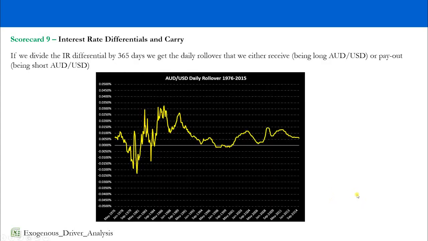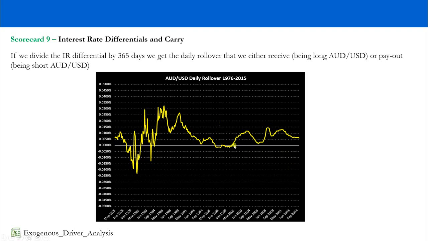So if we look at the interest rate differential divided by 365 days, as we saw in the spreadsheet, what we get is the daily rollover that we either receive or pay out, being long or short the Aussie dollar, US dollar exchange rate. And you can see here that throughout history, the majority of the time the carry has been positive when being long Aussie dollar, US dollar, and negative when being short Aussie dollar, US dollar.